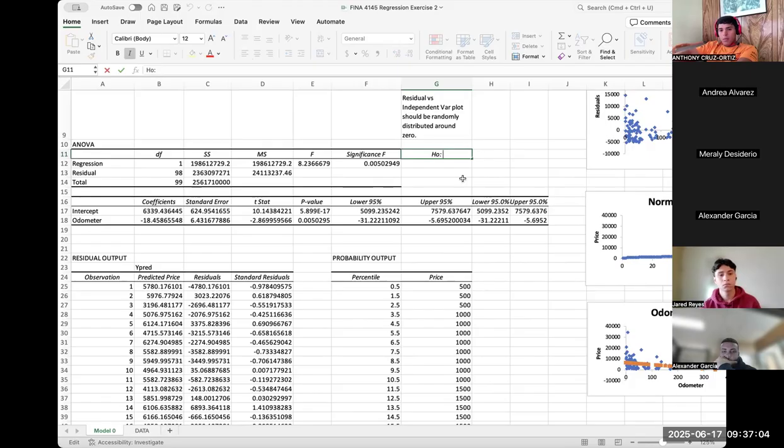So the null hypothesis is that they are zero. We only have one variable that we're estimating, and that's odometer.